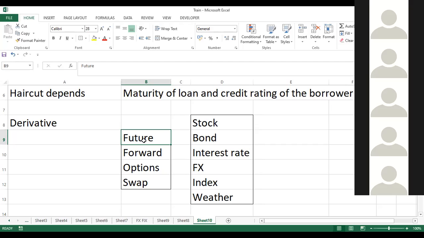Okay, so now what is future, what is forward, what is option? This is what we're going to do quickly, and then we'll start. So future and forward, if we talk about these two products, they are quite the same in nature.